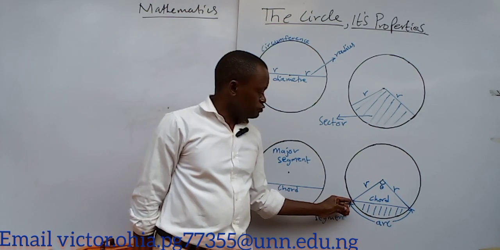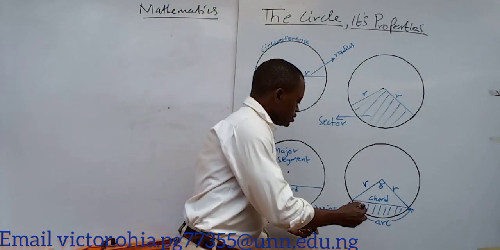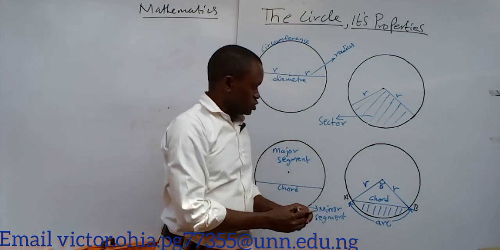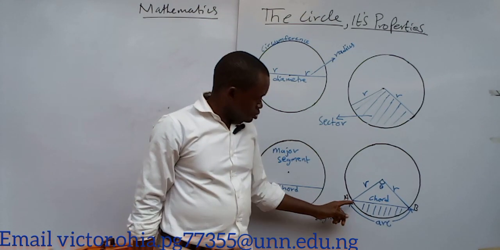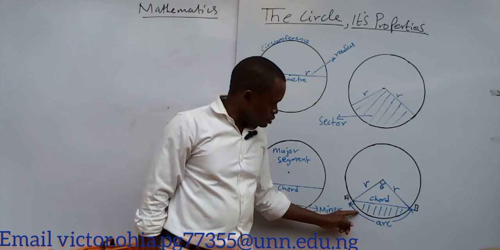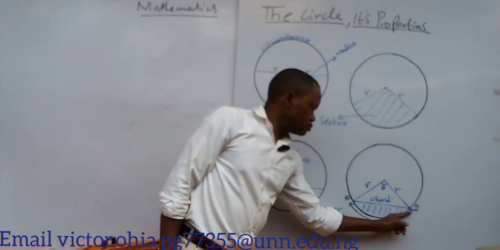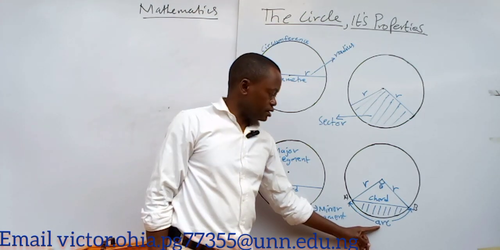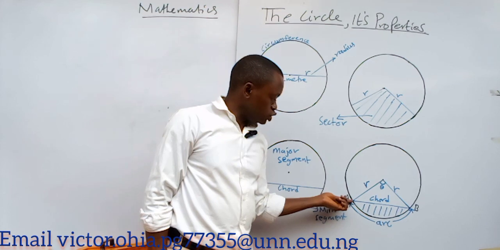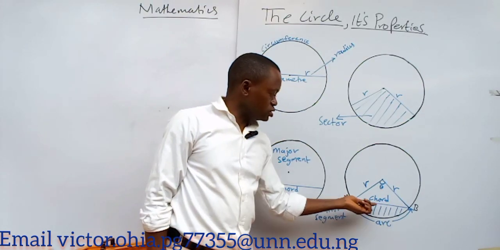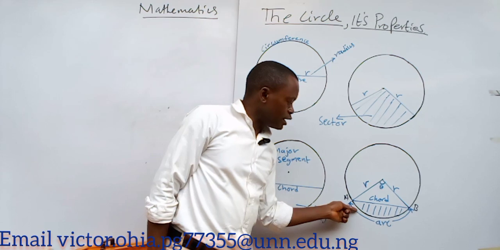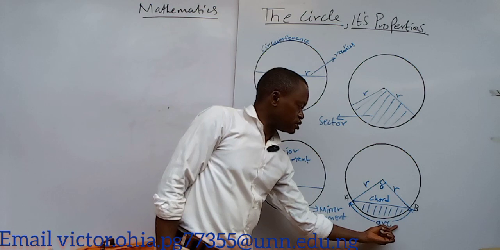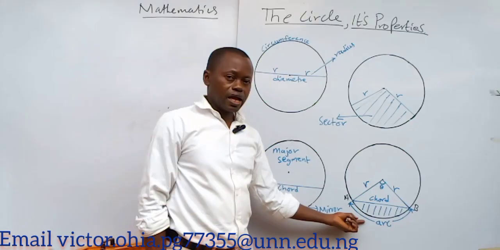Let me label this line A B, which is the chord. From this point to B, that is what we call an arc. From the point where this chord touches the circumference, the part of the circumference below it, that is curved like this, is what we call an arc.